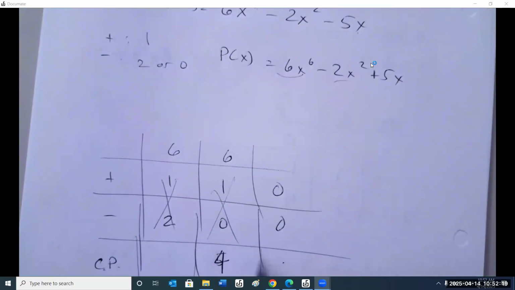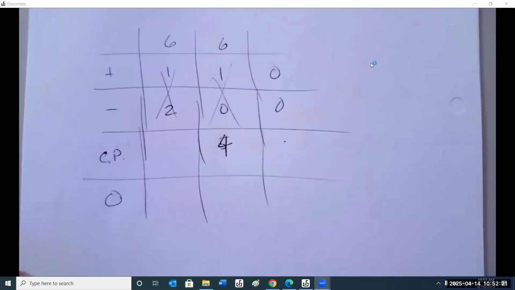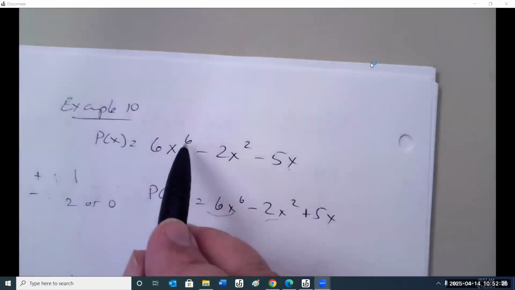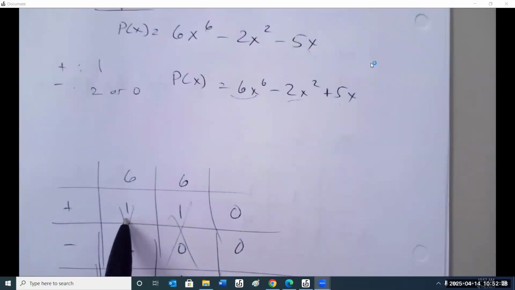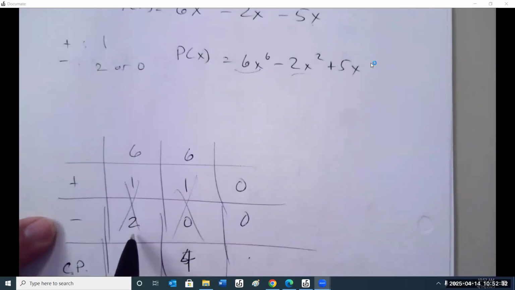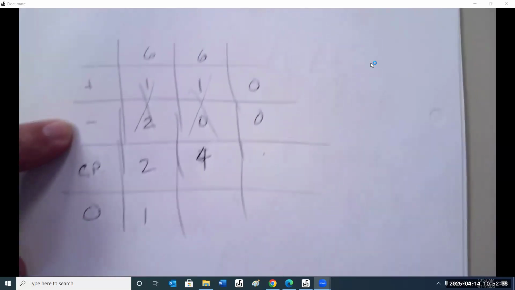Ah, that's why. Because notice they're all x's. So a 0 could be 0. 0 is one of ours. So we only have 5 left. So that's 1. This could be negative, had to be 2, so that could be 2.